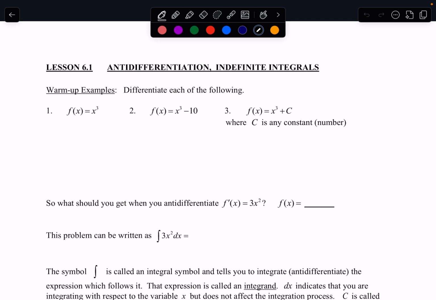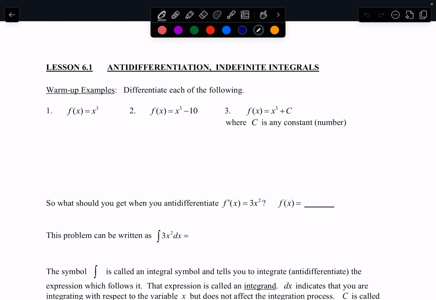So chapter 6 is all about undoing what we did in chapters 1, 2, 3, 4, and 5. This is kind of the other half of calculus. We spent the first half of the year studying derivatives and taking the derivatives of functions. Chapter 6 is going backwards.